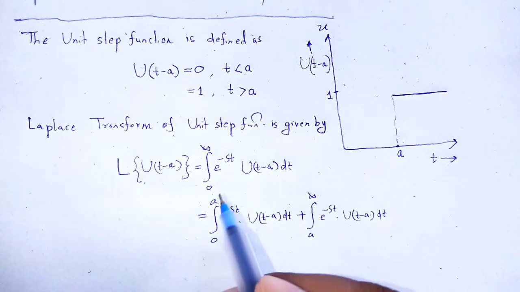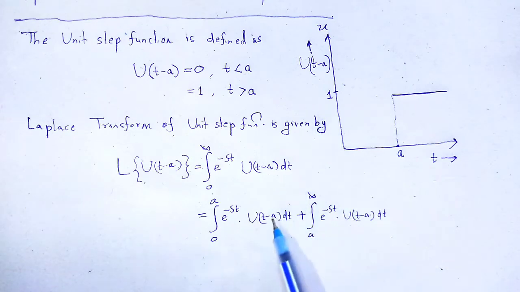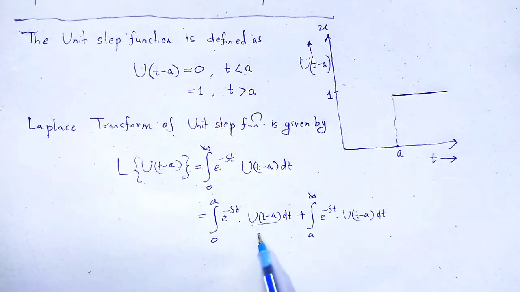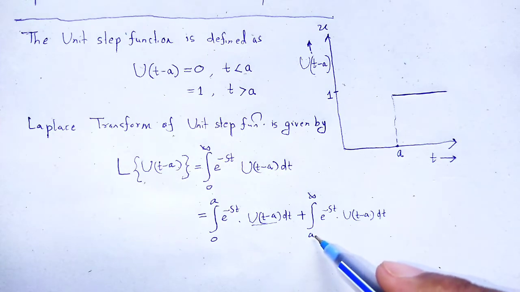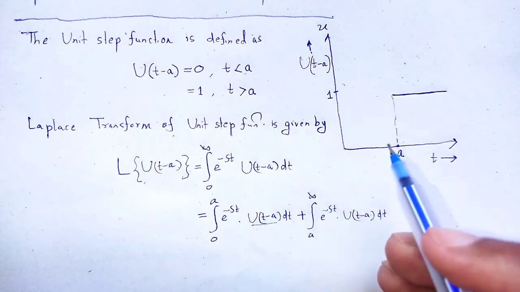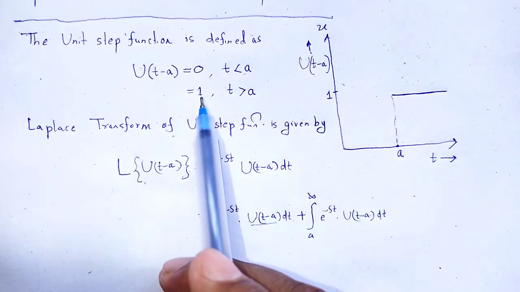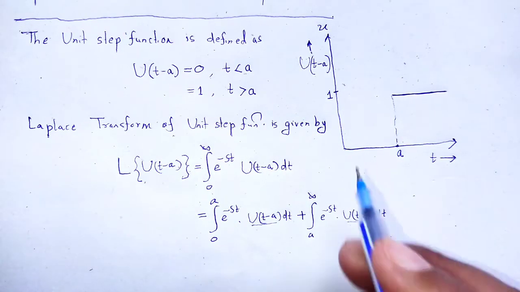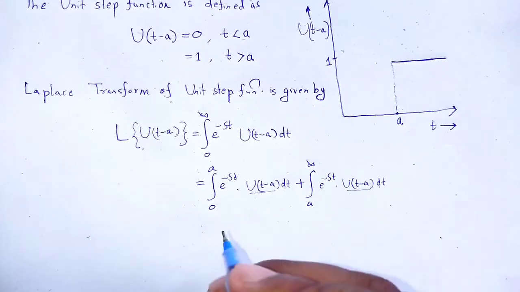When the limit is from 0 to a, that value is 0. So, in place of u of t minus a, when the limit is 0 to a, we put 0, and when the limit is from a to infinity, then that value of unit step function is 1. Here we put 1 in place of u of t minus a.